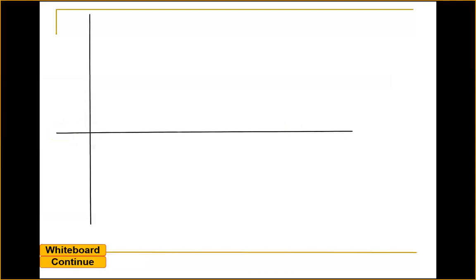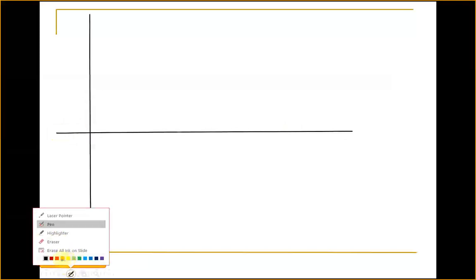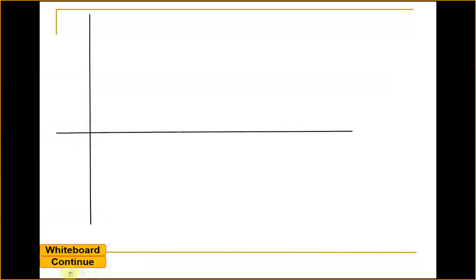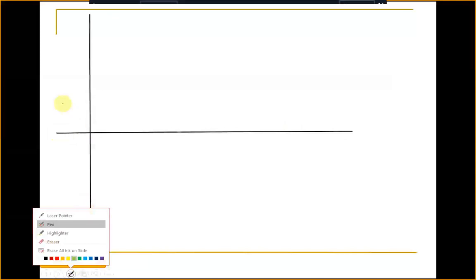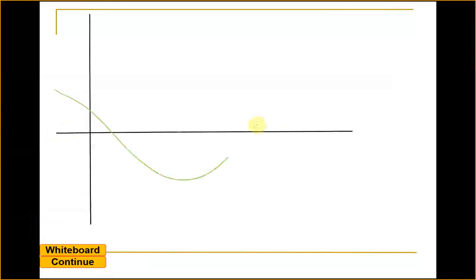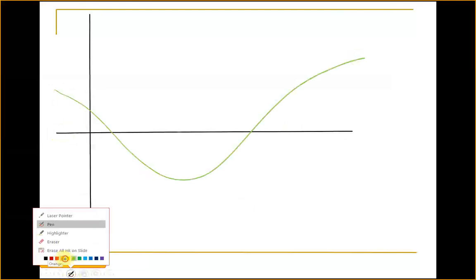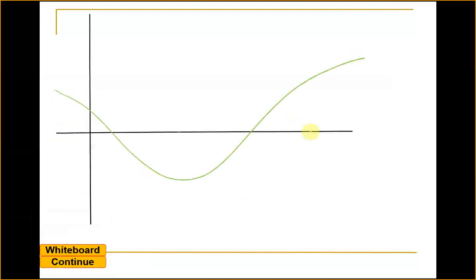And then I'm going to now draw the function, change the color. It's a nice color there. So here's our function. And now we're going to start our iteration. So let's say I'm going to pick this as my original x.